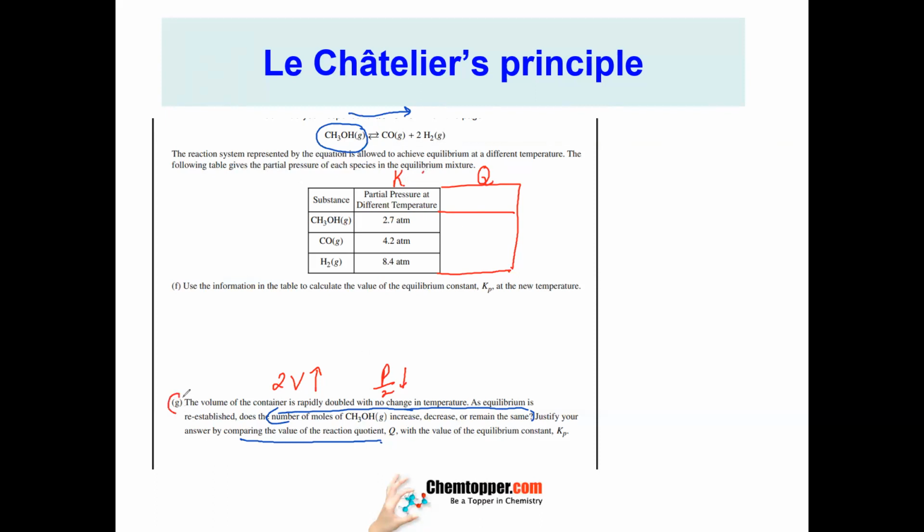In the G part, I'm dealing with Q, the non-equilibrium state. So what is the pressure here of CH3OH? 2.7 divided by 2. 4.2 divided by 2. 8.4.